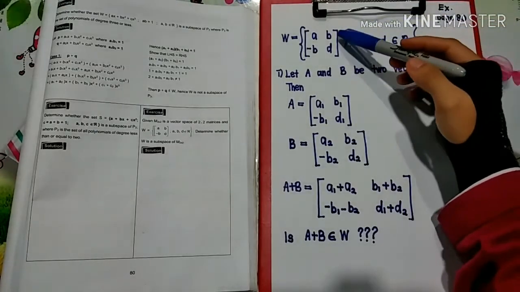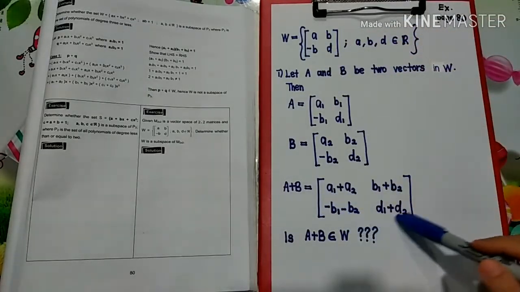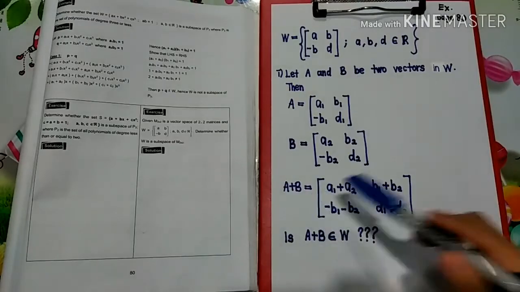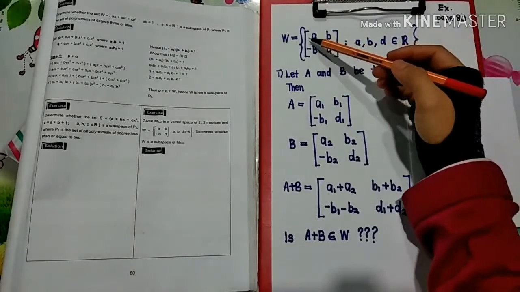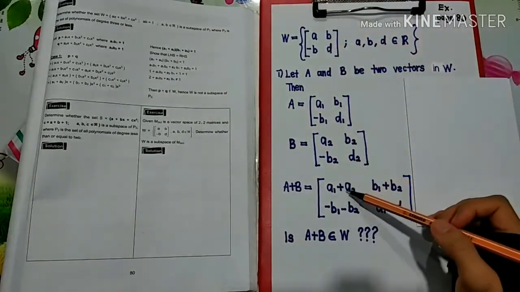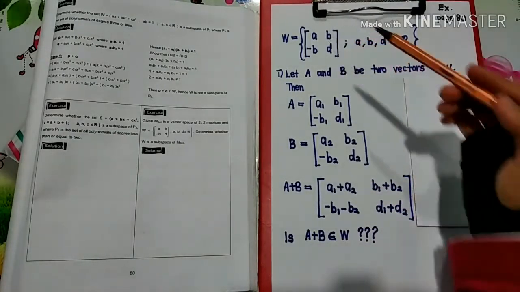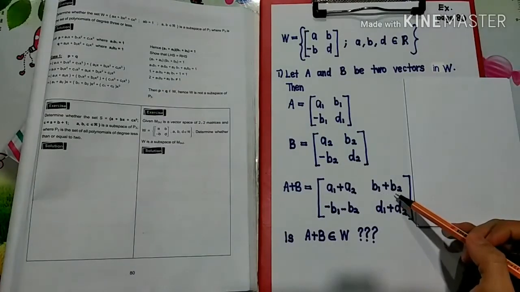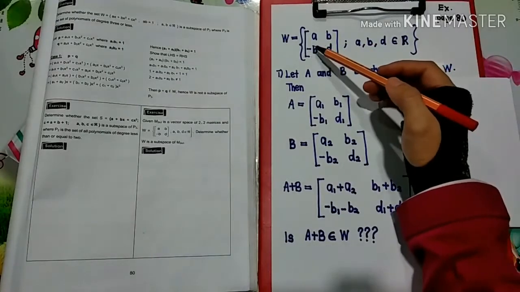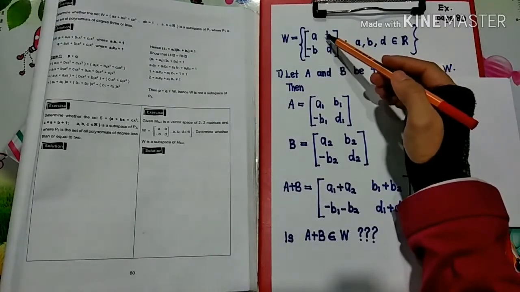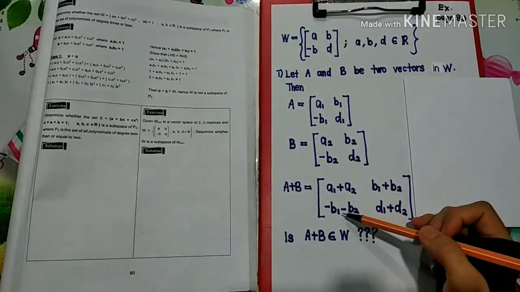Now we refer to the given vector W here and the vector that we get when we add A plus B. Now we check. These entries are a1 plus a2. This one is b1 plus b2. So we don't have any problem. Now the next entry is negative multiplied with the entry for b. Is it satisfied?